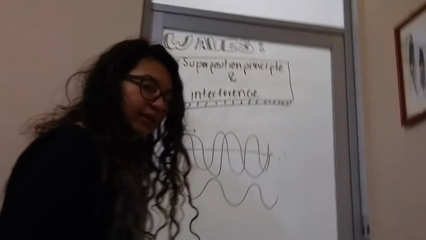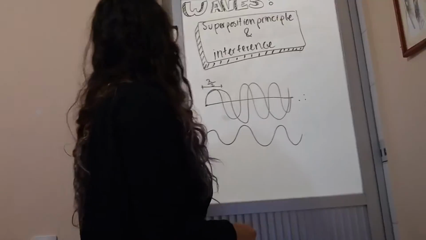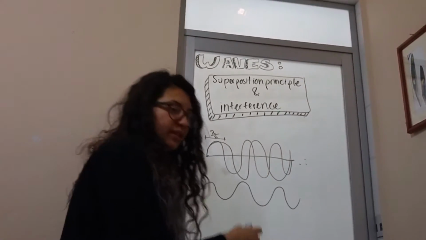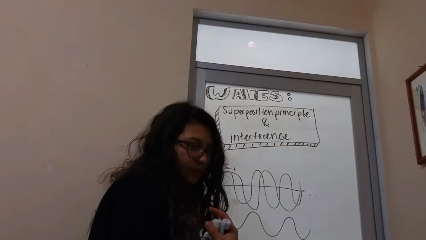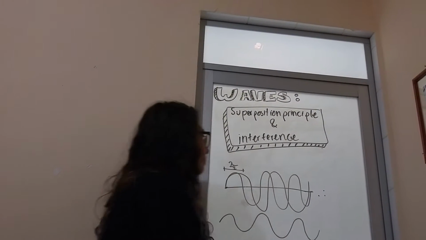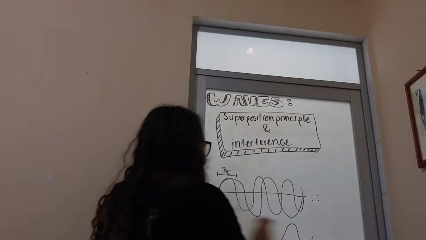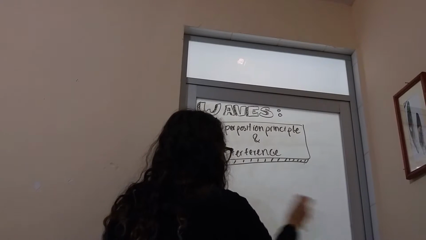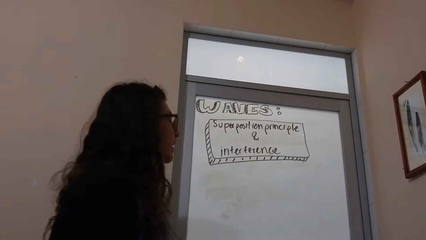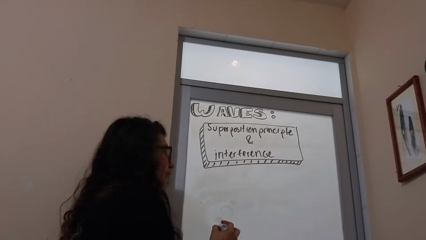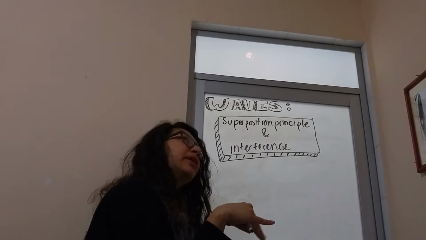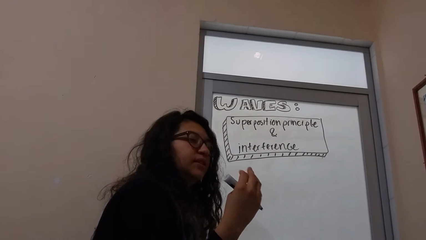Okay, well, it is also important. This is the superposition principle, when we have superposition and we create another wave. But we also could have interference, which is when you modify the wave according to another wave that is in the superposition.